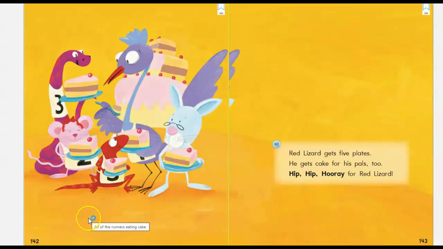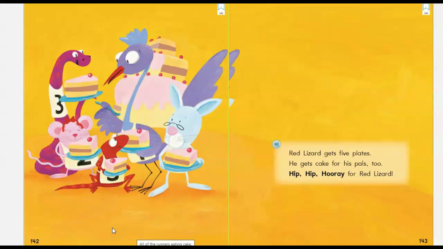Oh, so Red Lizard decided to share his winning cake with all of his friends. Do you think that was a good choice that Red Lizard made? Would you want to share your cake with your friends if they were upset? I know that I would.